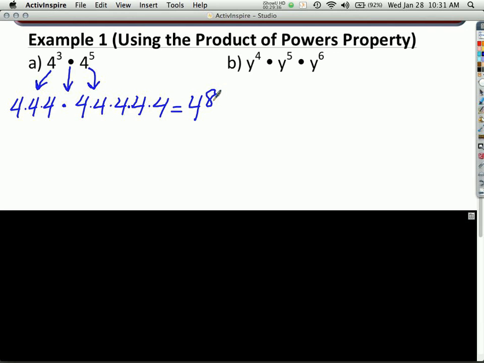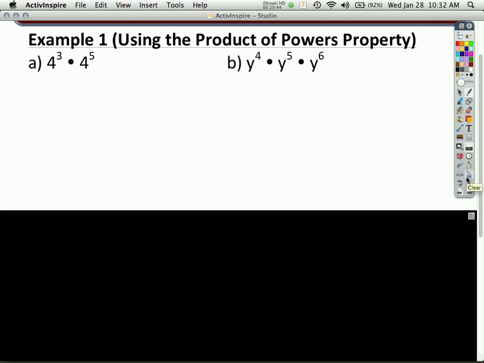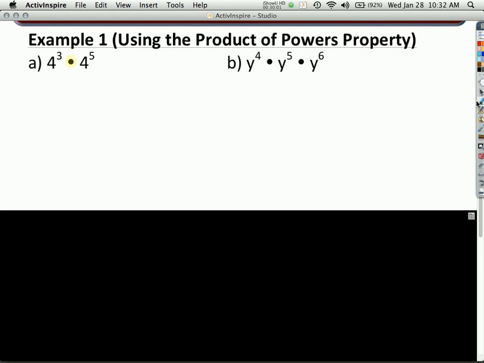We can use logic to do that. But now we don't have to, because now we know the product of powers property. And the product of powers property says that a shortcut to that result is just look at the exponents and add them together. But you have to check and make sure the circumstances are correct. First, is it a product? Yes, it is.